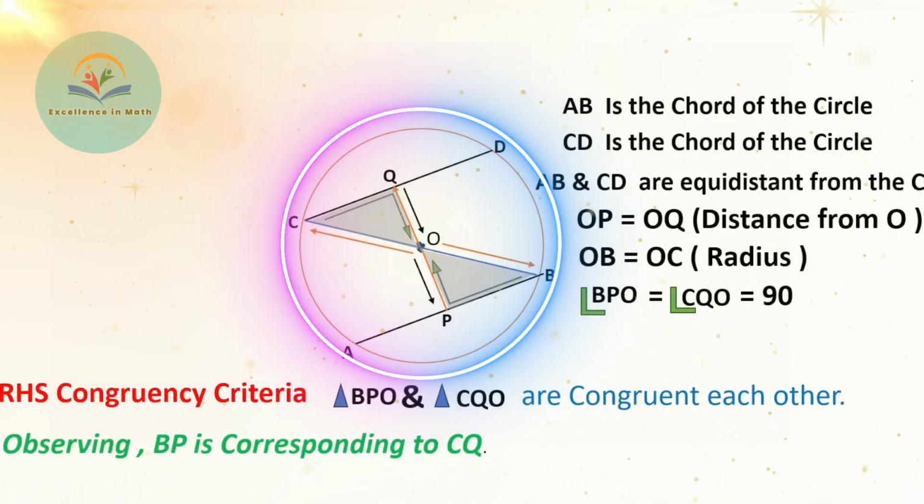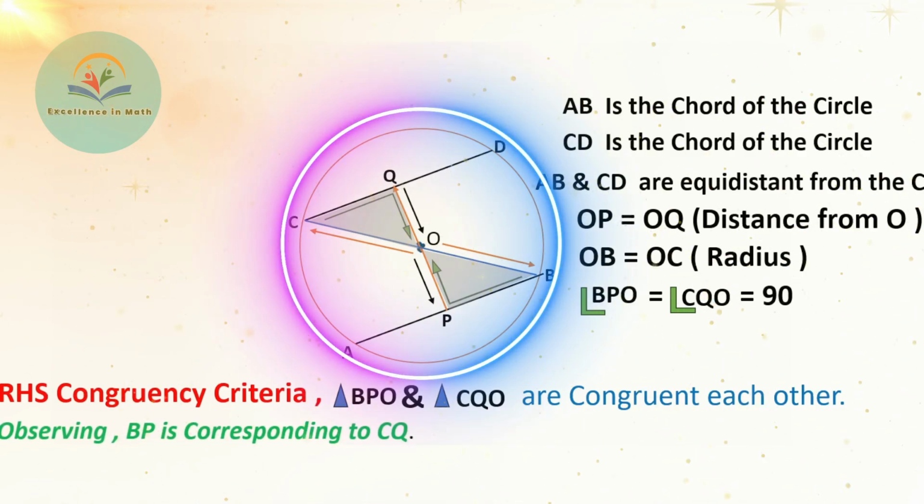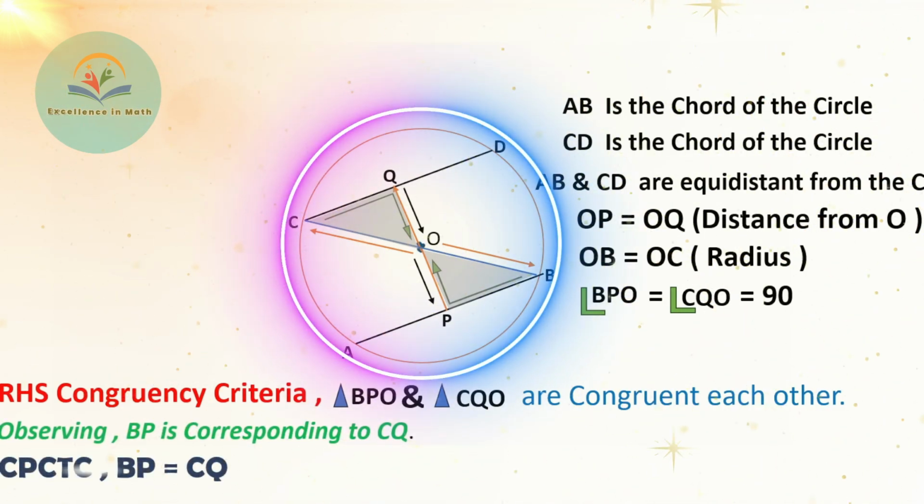On observing, BP and CQ are corresponding sides of these two congruent triangles. By the corresponding parts of congruent triangles criteria, CPCTC, we can say that BP is equal to CQ.